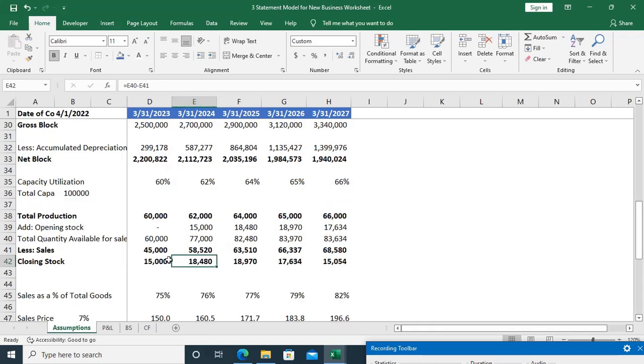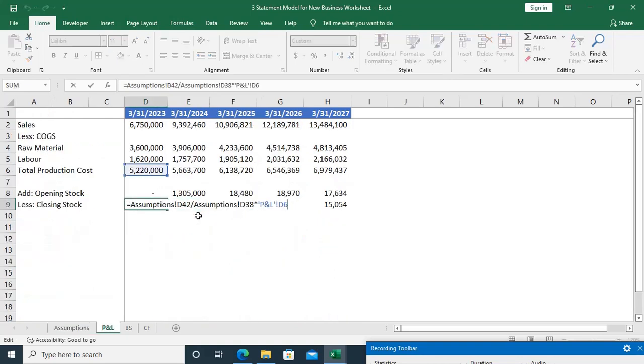E42 it has taken, and E38 it has taken, right? So these are correct. If you check this formula and compare it with this one, you will understand it, I think. Are you understanding it?